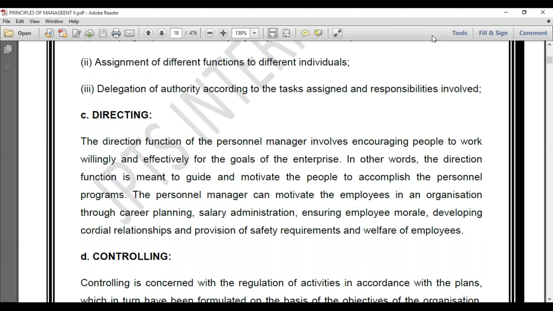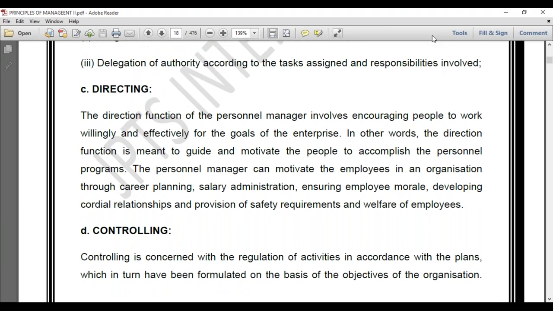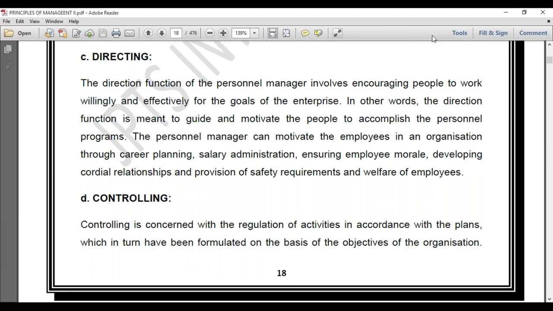From there, we move to number 4, which is controlling. Controlling is concerned with regulation of activities in accordance with the plans, all those things you have mapped out. These are our plans; these are the things we set out to achieve. How do you achieve them? You have directed some of your key staff on what to do. You need to control them.